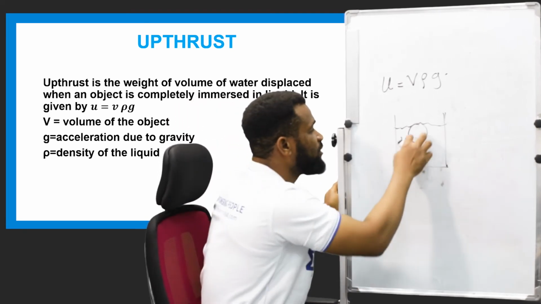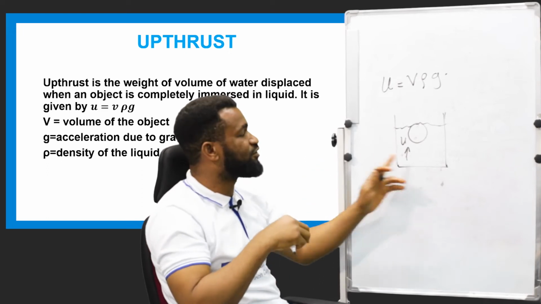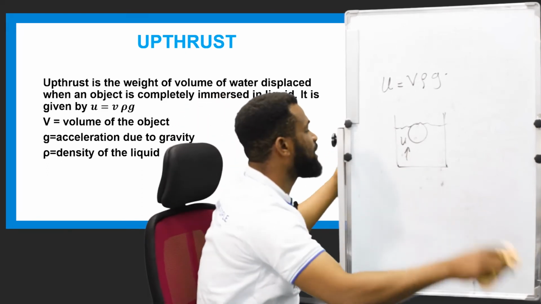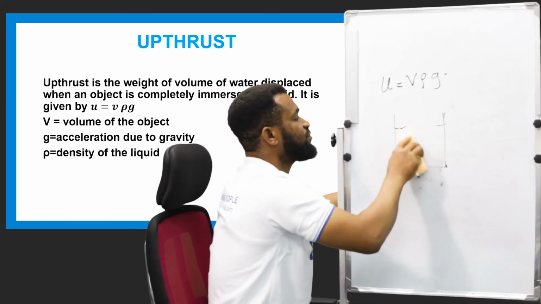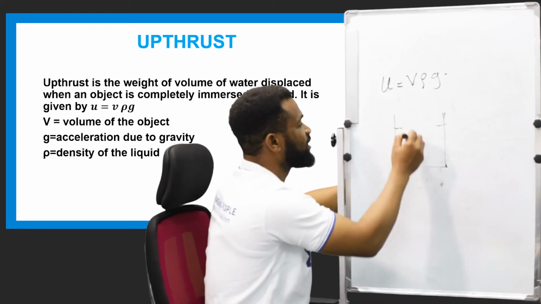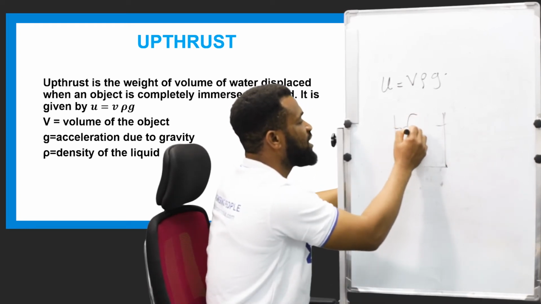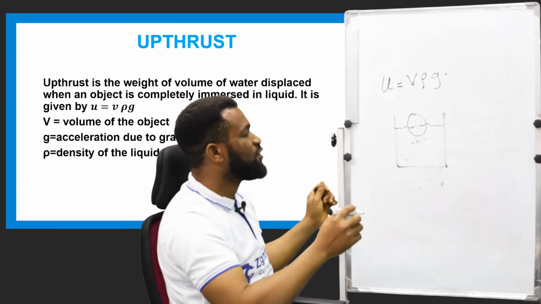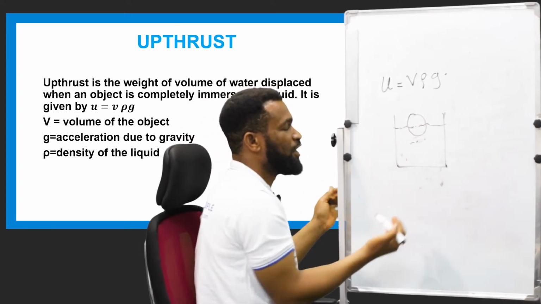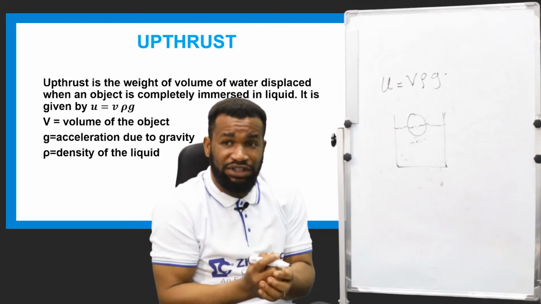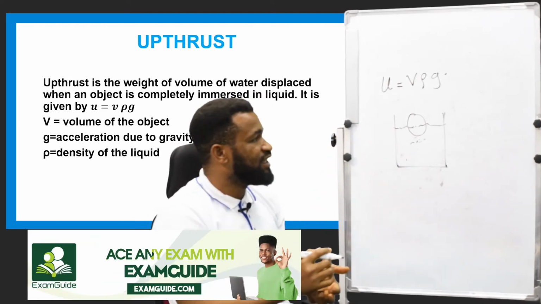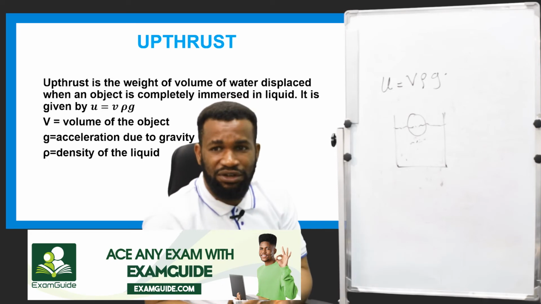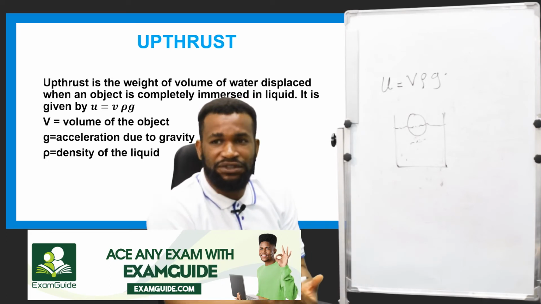Sometimes this body will not be completely immersed. This is complete immersion, but sometimes they will not. What will happen is that some part of the body will be outside while some part of the body will be immersed. In this case, we may say that a volume of the body was immersed, for example 2/3 or 4/5 of the body.